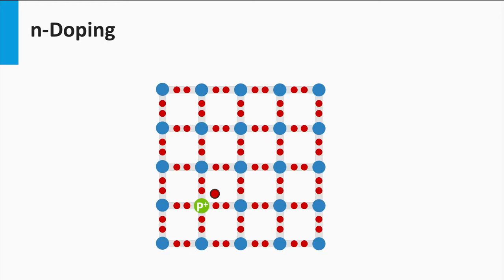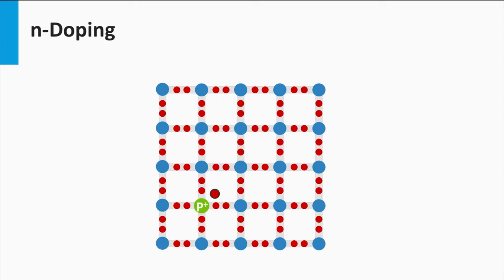This extra electron is easily excited to a free mobile state. The phosphorus atom left behind is not neutral anymore and becomes a positively charged entity. This positive charge is fixed to the position where the phosphorus atom is residing in the lattice.